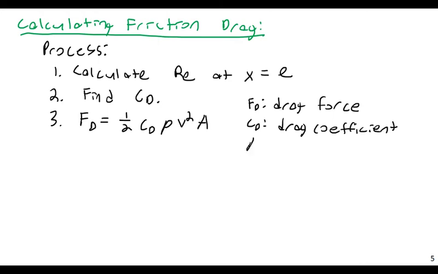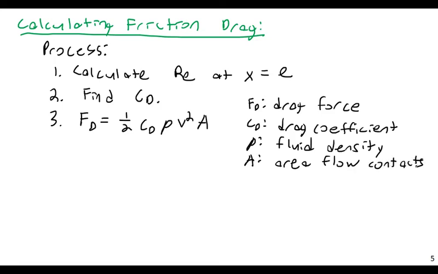Rho is the density of the fluid. Area A is the cross-sectional area, or the area the flow contacts. And U, or V, are the velocity of fluid relative to the object.